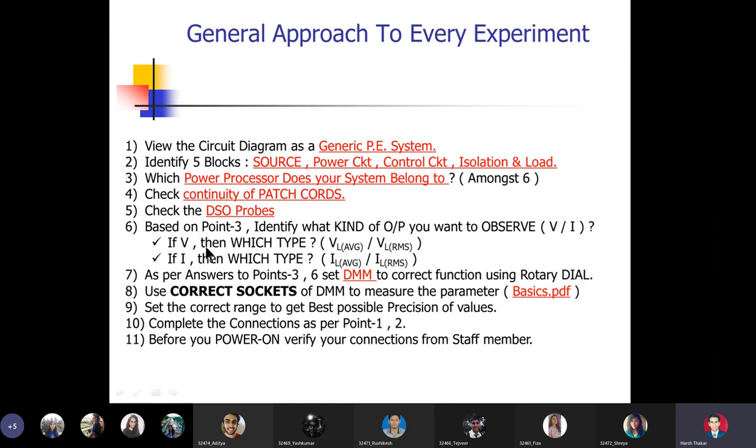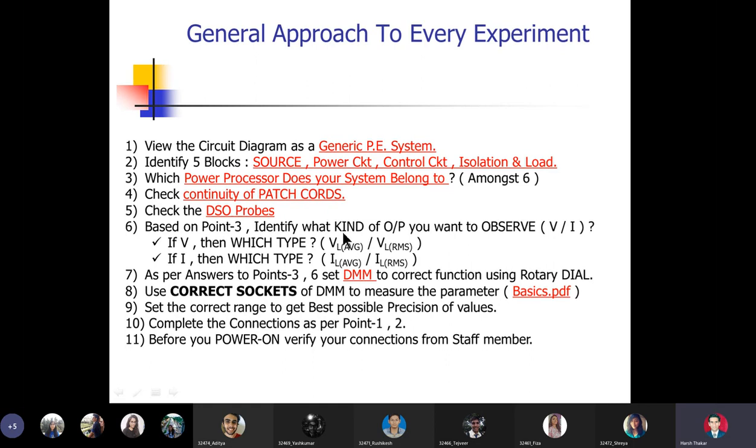Point number 6 is based on point number 3, that is, you have already identified the power processor. Identify what kind of output you want to observe, that is voltage or current. If it is voltage, which type? As I told you yesterday, we had discussed one point called the types of contents in any signal waveform.